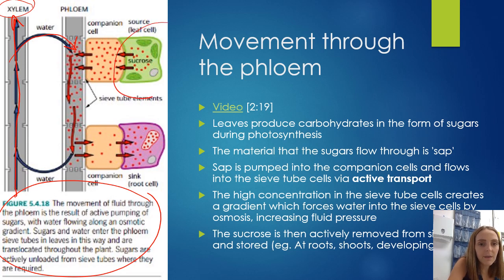Now here's our leaf, which has the sugars in it, and the sugar is going to be able to move into the companion cell and into the phloem. It's going to move down because we're going from leaf to other structures. And via active transport, it's able to go into other cells like roots, shoots, and really high growing parts of the plant.